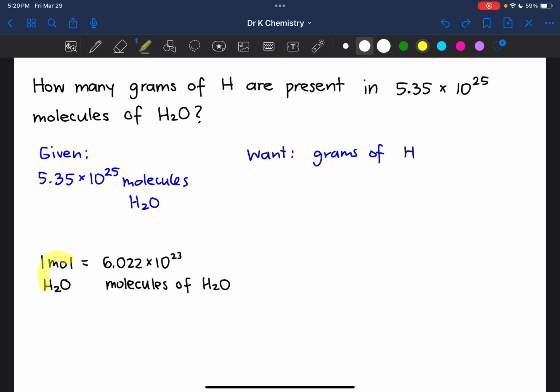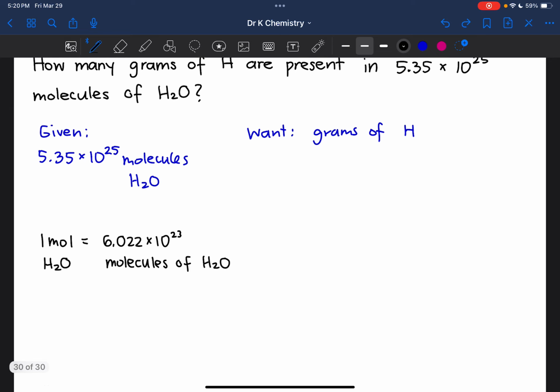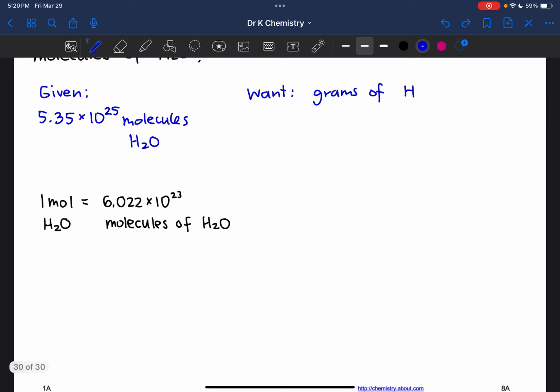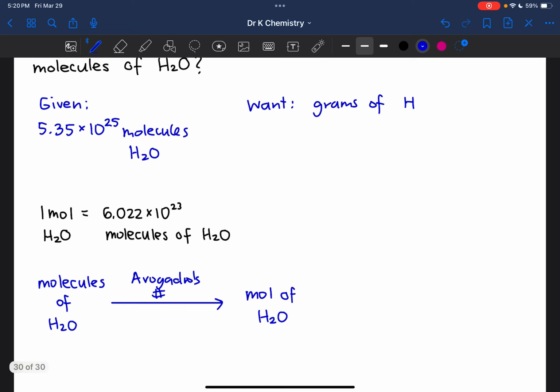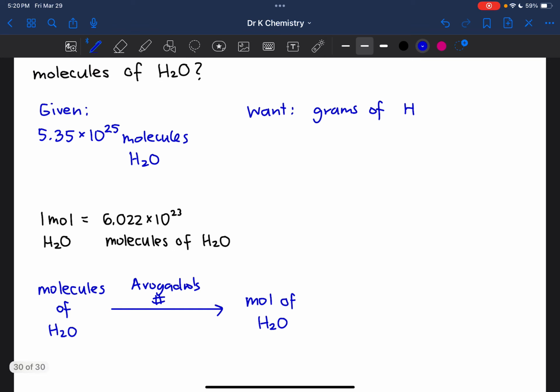Once we have that, as soon as you have moles, converting between different substances becomes a lot easier. Let's map this out. Molecules of water, that's where we're starting. And we just said Avogadro's number can take us into moles of water. As soon as we have that information, we can get to moles of hydrogen.